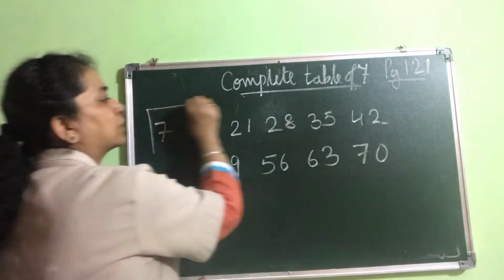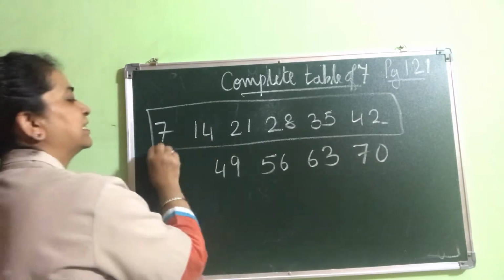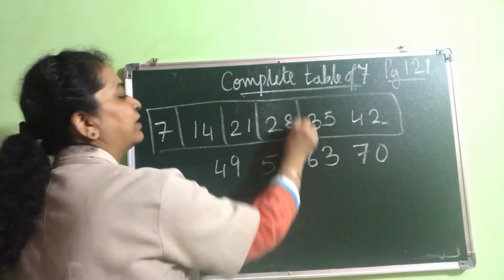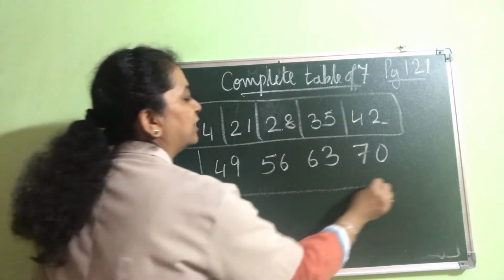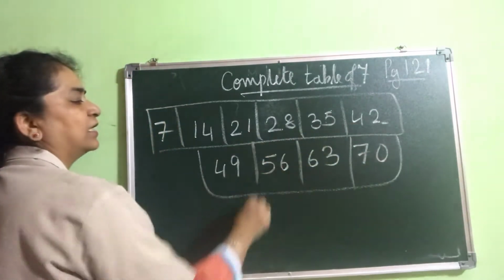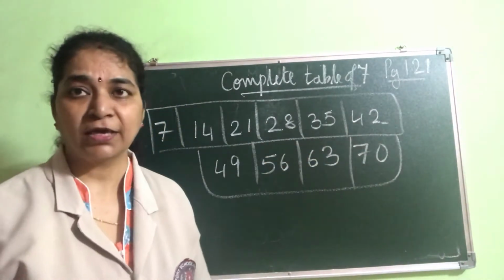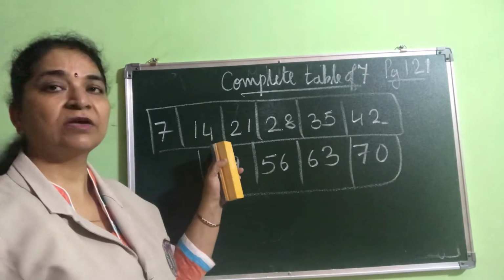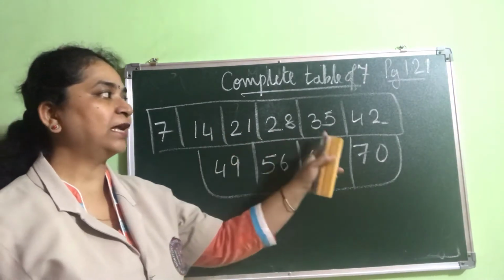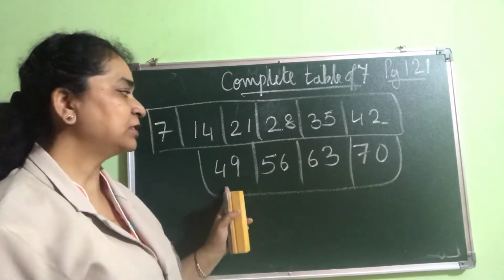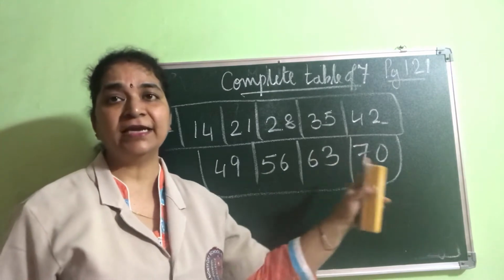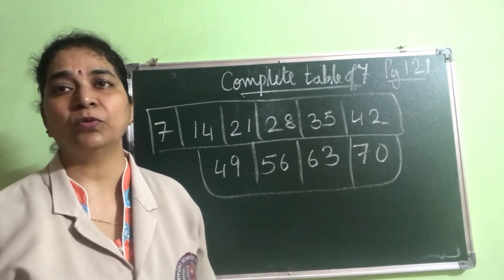So in your boxes, you will write like this, table of 7. Okay. 7 1s are 7, 7 2s are 14, 21, 28, 35, 42, 49, 56, 63 and 70. This is how you will write.